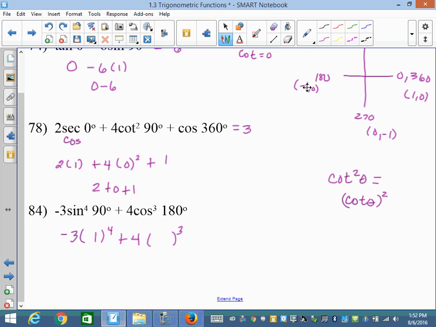Cosine is x over r, so -1. So PEMDAS, don't forget your PEMDAS. So -3 times 1 to the 4th is still 1, plus 4 times -1 to the 3rd power is still -1. So I get -3 minus 4, which gives us -7.